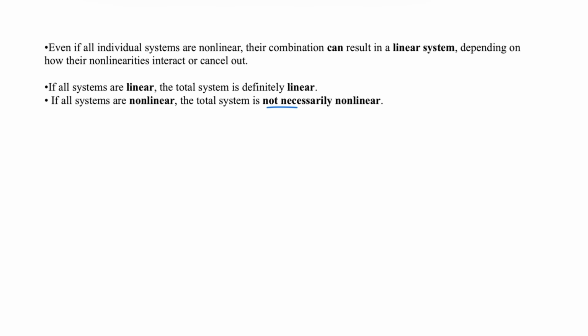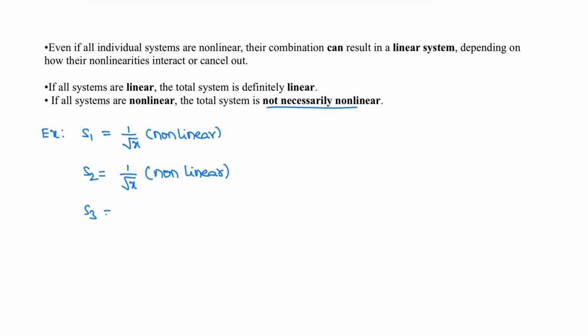Suppose system S1 has a transfer function of 1 by root x, which is non-linear. S2 is again 1 by root x, non-linear. S3 is x square, non-linear. Here all three systems are individually non-linear.